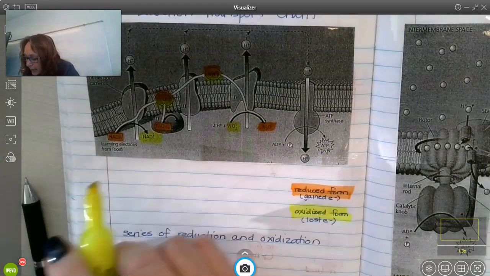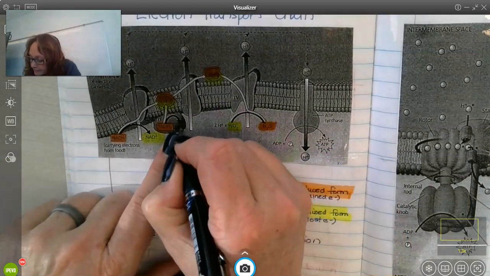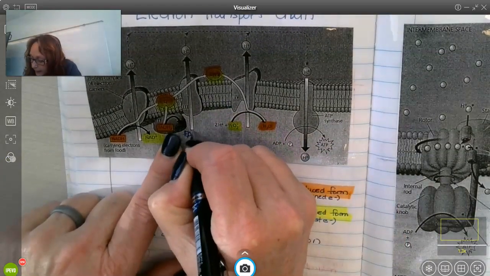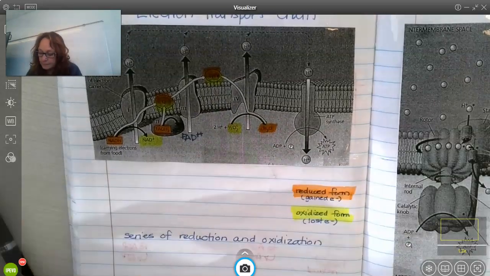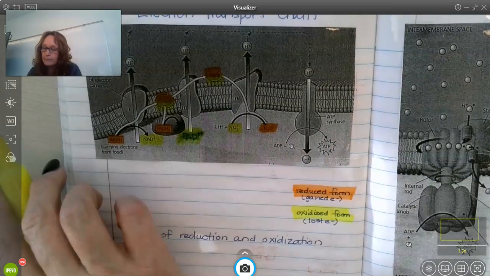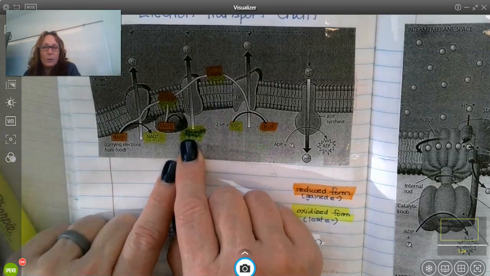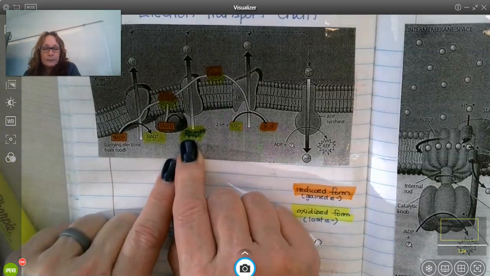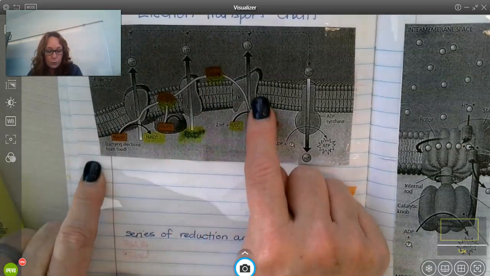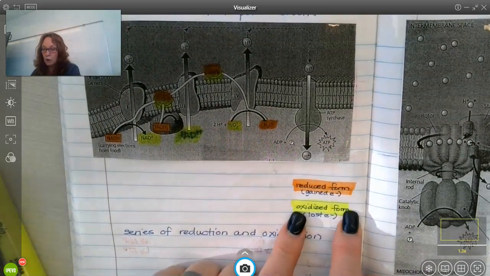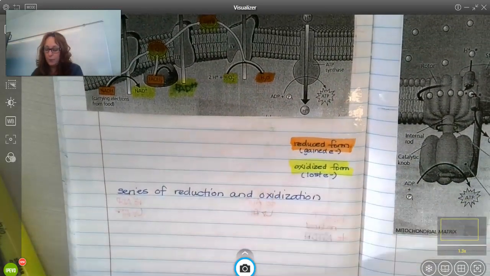FADH2 is oxidized to FAD, and that's its oxidized form. So all of this that we did, we're showing these different forms.